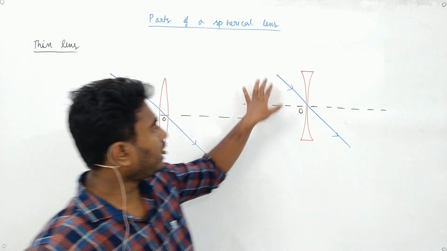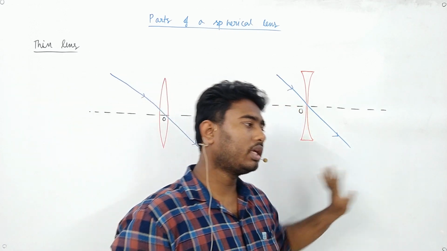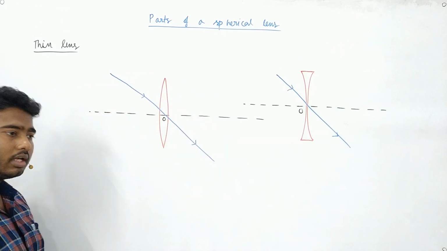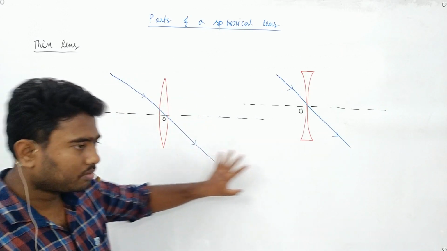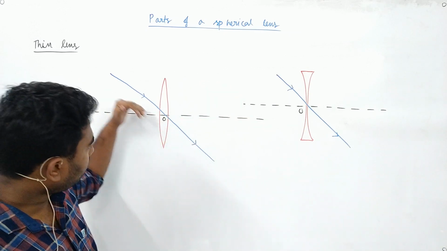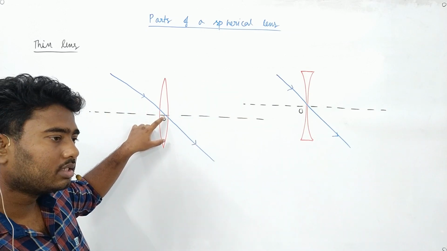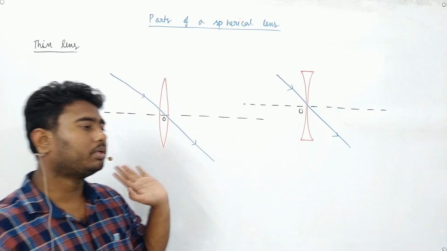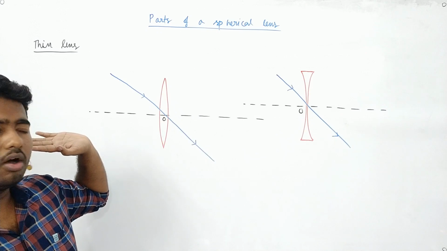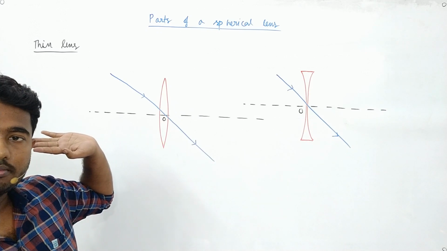In this case also the light ray is coming straight and going away straight. So when both of the light rays are coming straight and going away straight, that means these light rays are passing through a point on the principal axis. That point is known as the optical center. If they pass undeviated, then that point is the optical center. Is that clear, all of you?